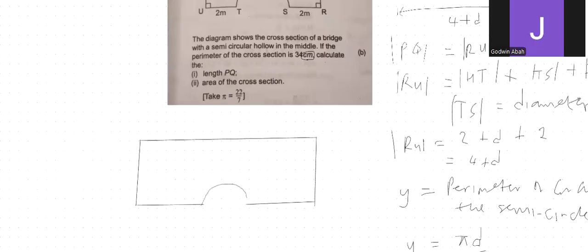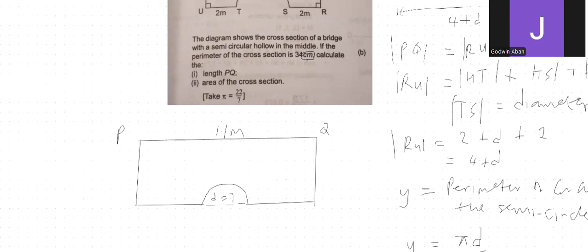From our previous calculation, we established that PQ is 11 meters, sorry, not 7, 11 meters. And we established that the diameter is 7 meters, so D is equal to 7 meters.